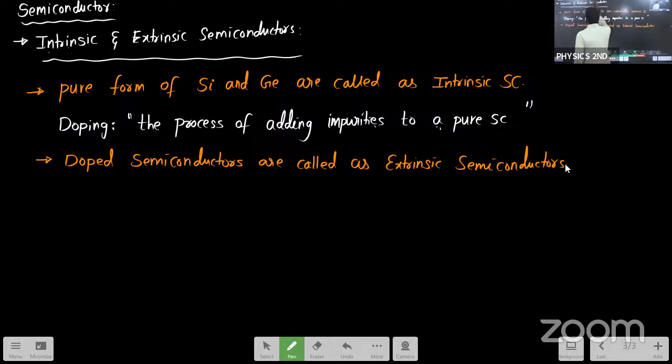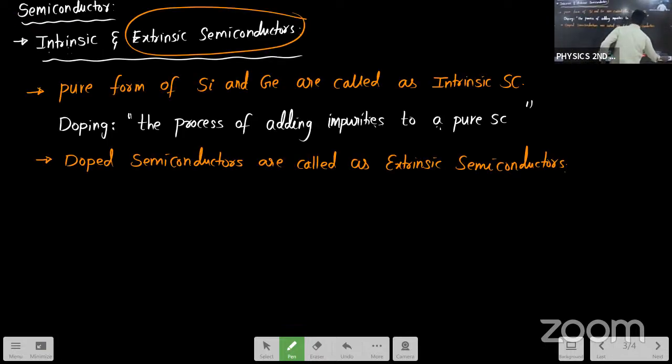Now let us discuss extrinsic semiconductors, which will become our next important, very short answer type question for the examination. So we know what the extrinsic semiconductors are.